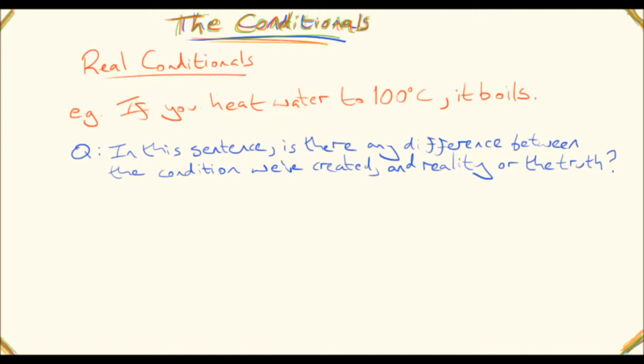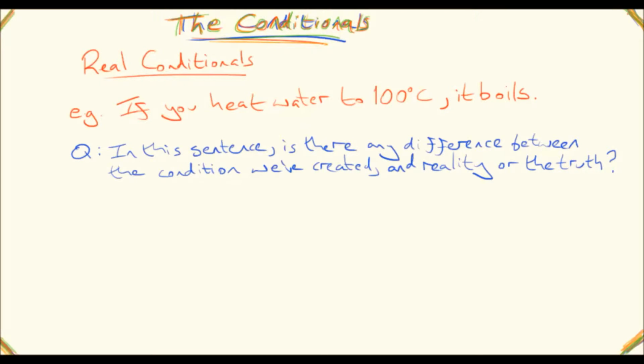So we've got this example here. If you heat water to 100 degrees C, it boils. And before anyone starts nitpicking this, let's say that this is at sea level, at 1 atmosphere, standard conditions, right? If you heat water to 100 degrees C, it boils.